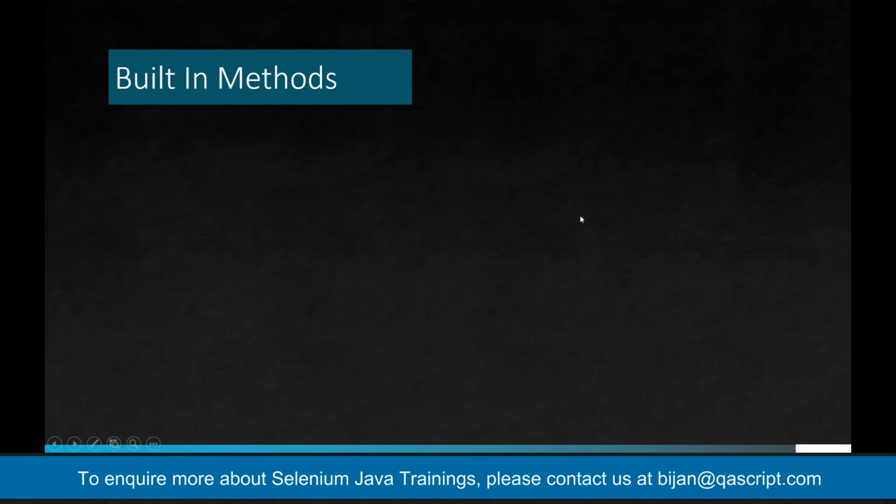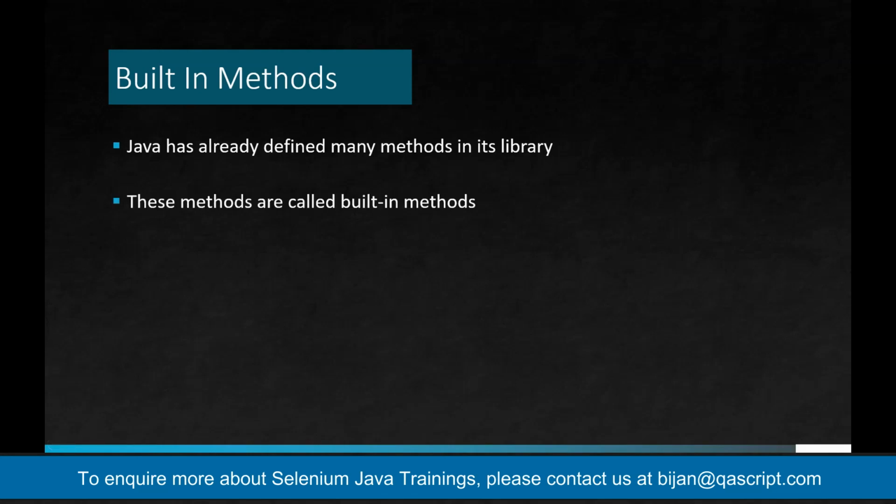You don't need to write specific things which are already defined by Java inside its library. This is the default library provided by Java, so you don't even need to import any particular library. It is present whenever you are creating a Java program.